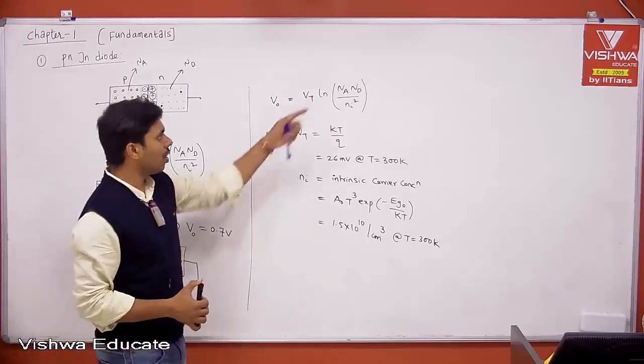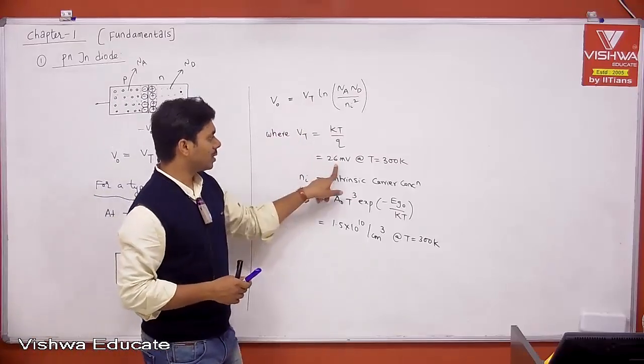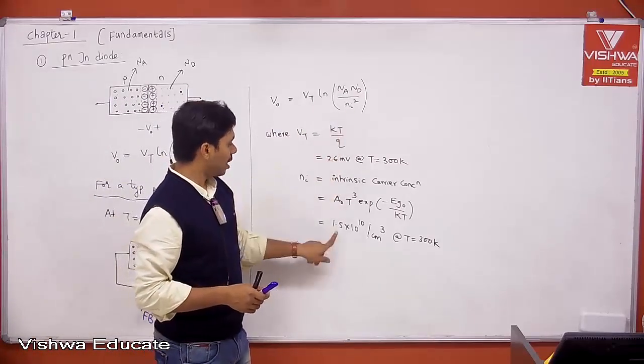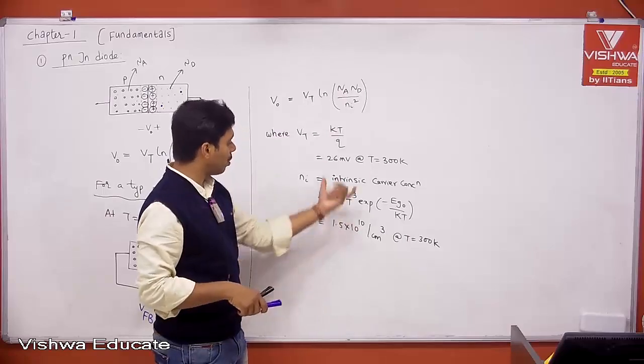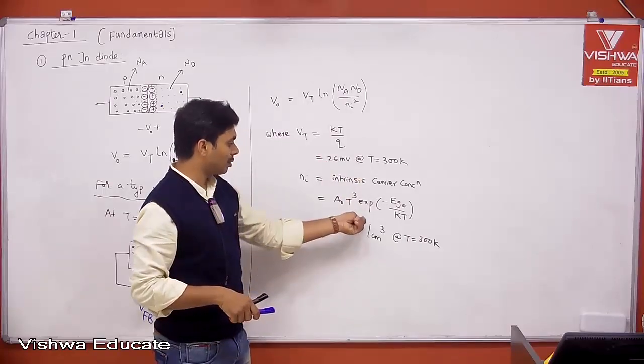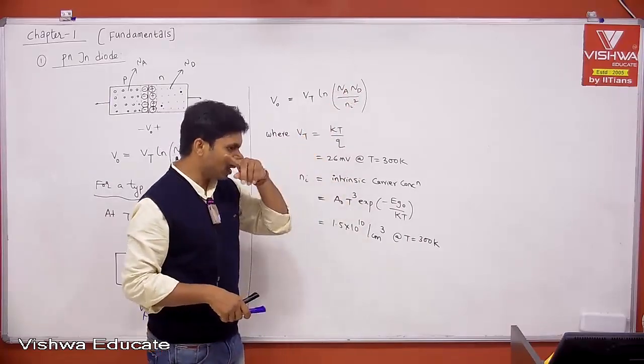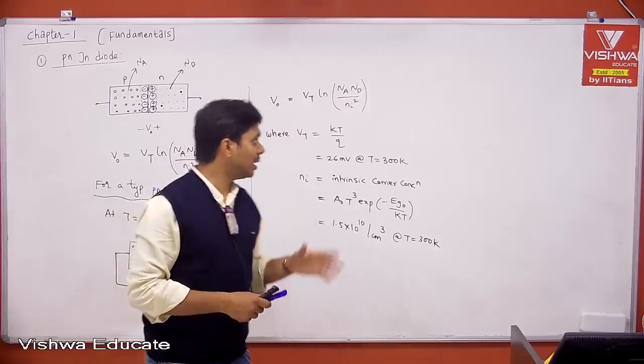Therefore, if you substitute all these things, Vt is 26 millivolt and Ni square is 1.5 into 10 power 10 whole square, which is 2.25 into 10 to the power 20. Then Na into Nd, what is that? That depends on doping.